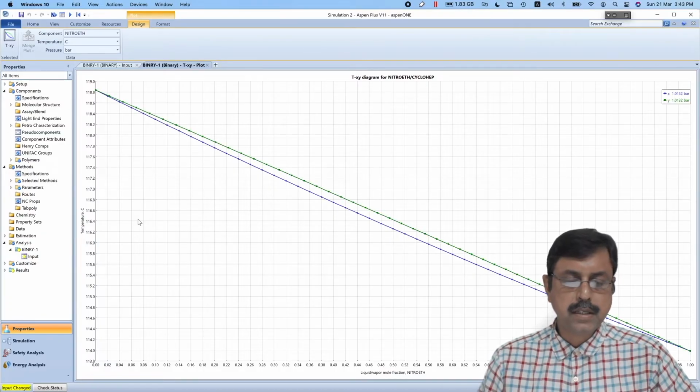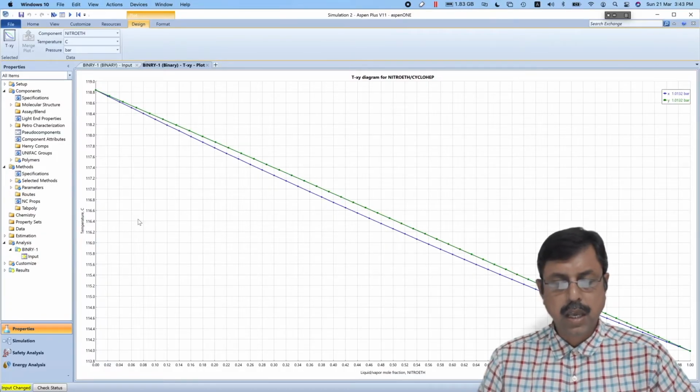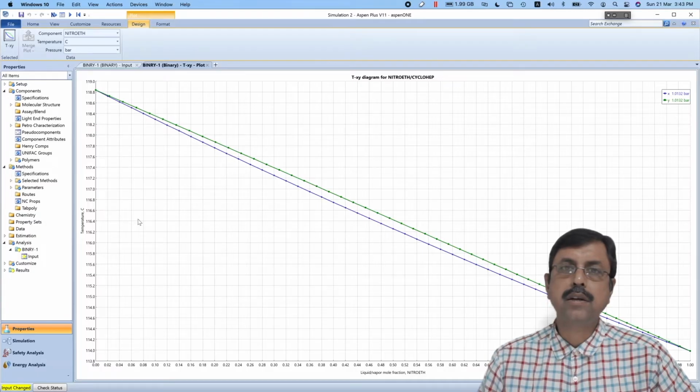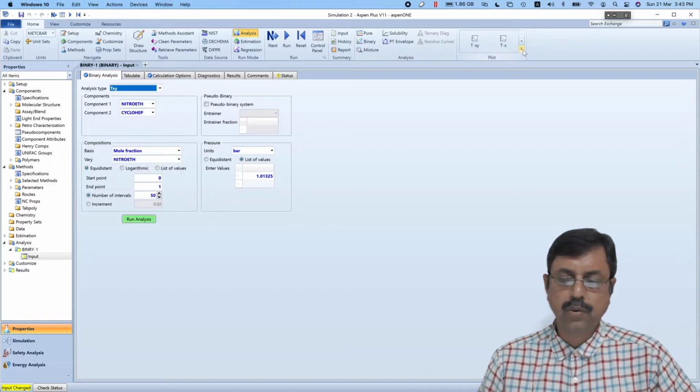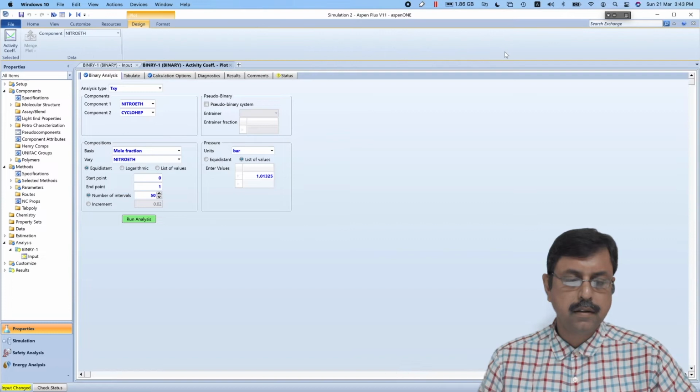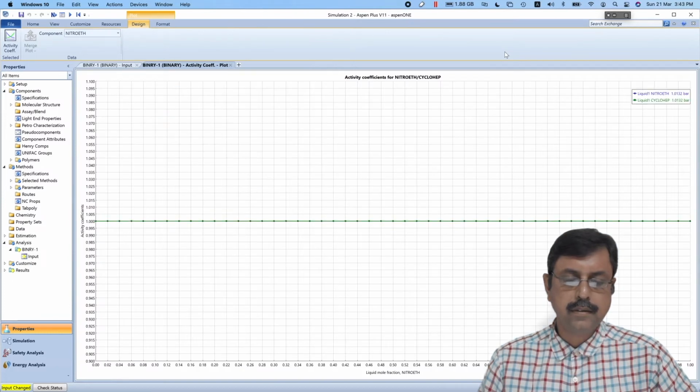Again, we obtain the TXY plot, and this is strange. It looks like it is as good as an ideal plot. So anyway, let us see how the activity coefficient looks. And yes, the activity coefficient, again, it is saying it is 1.